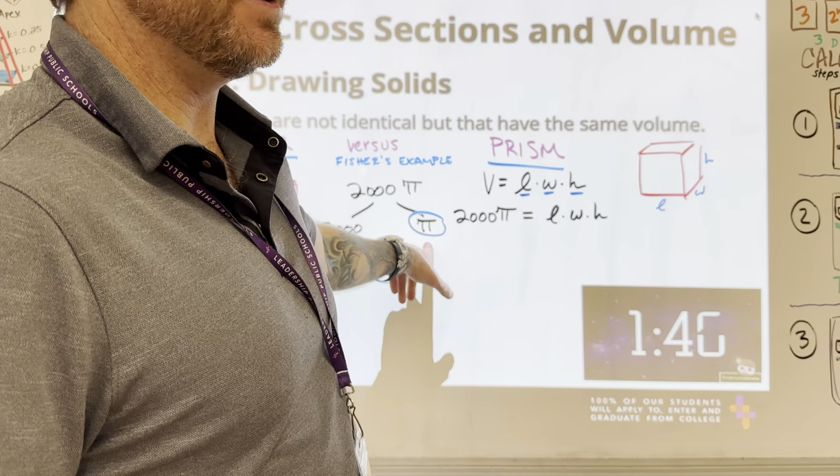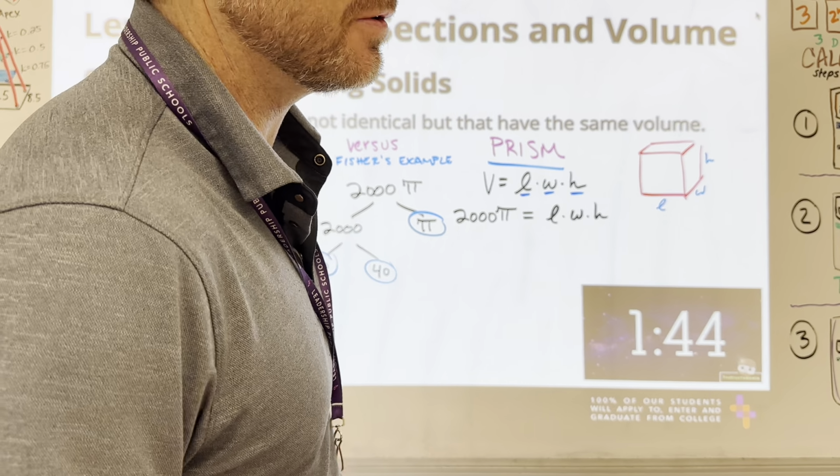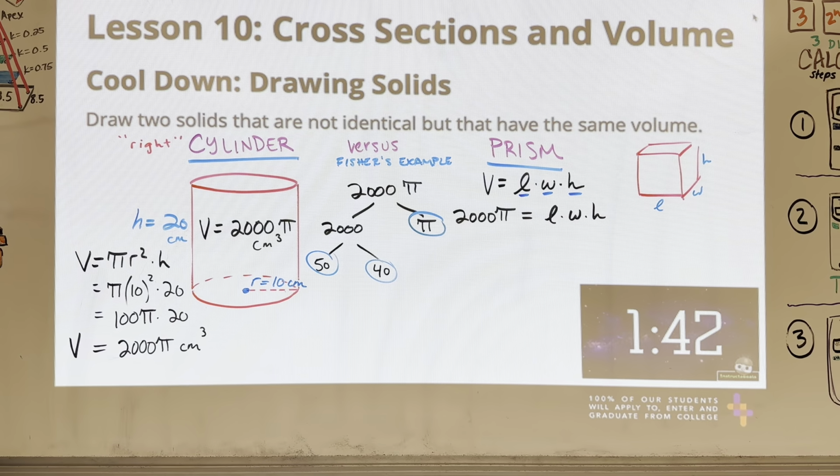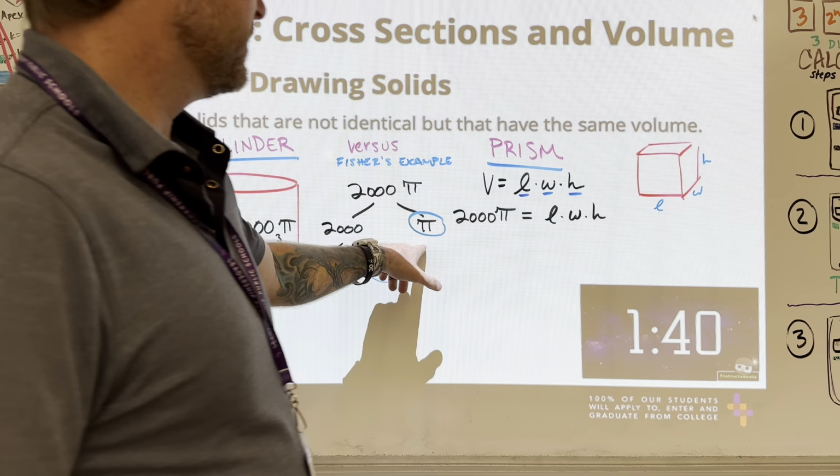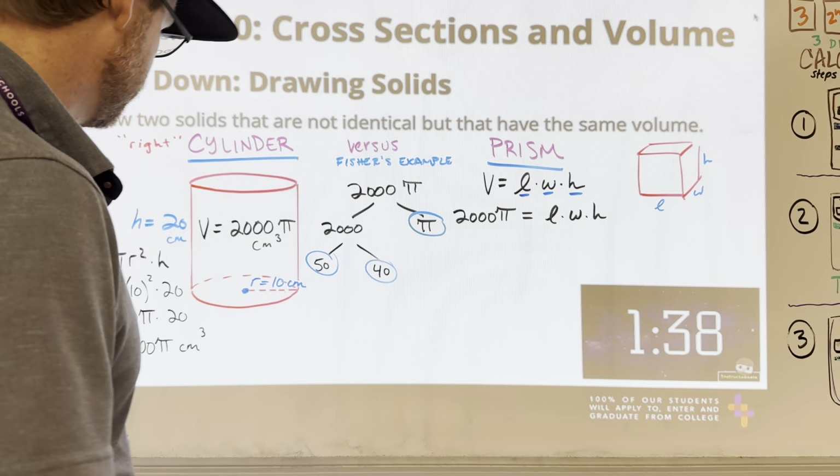It usually breaks down like this: length, width, height. 50 is the biggest, 40 is the next. Pi is 3.14, so we can make this either width or height. But anyway, I don't want to get too sidetracked here.